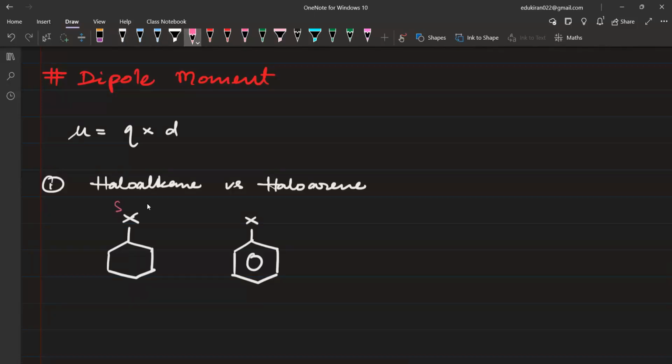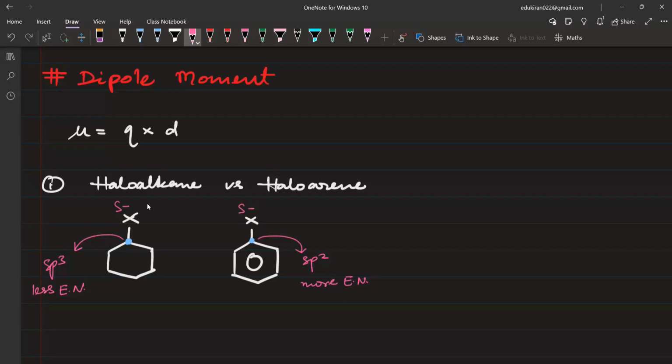This is having delta negative, this is having delta negative. Now, what are the differences that we are going to look at? The carbon atom here is sp3 hybridized, but this carbon atom here is sp2 hybridized. So sp3 is less electronegative, sp2 is more electronegative. That's the first difference.